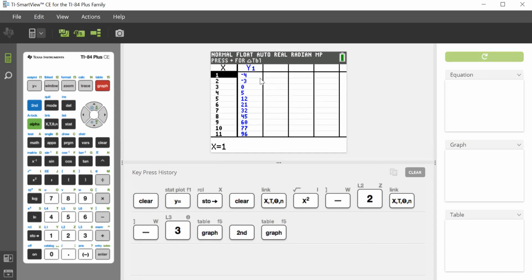Now, we also solved for x-intercepts, remember? So notice 2 of our answers for our x-intercepts were 3, 0, and negative 1, 0. And here they are on the graph, negative 1, 0, and 3, 0.